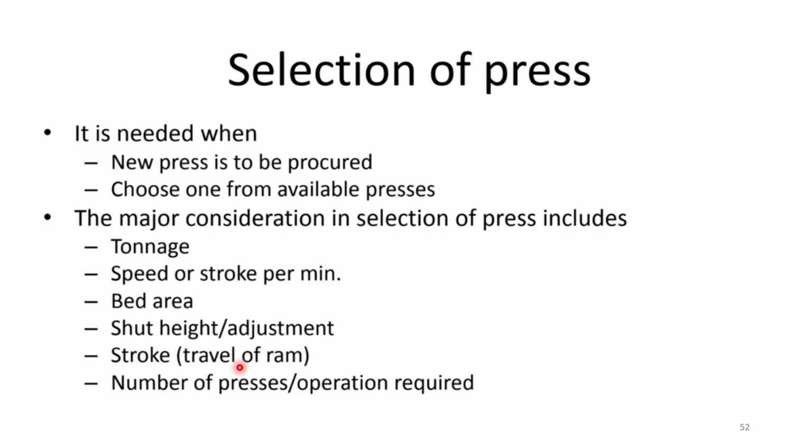Selection of press is needed when a new press is to be procured, and also to choose one from the available presses. The major considerations in selection of press include tonnage, speed or strokes per minute, bed area, shut height and adjustment, stroke or travel of ram, and number of presses or operations required.